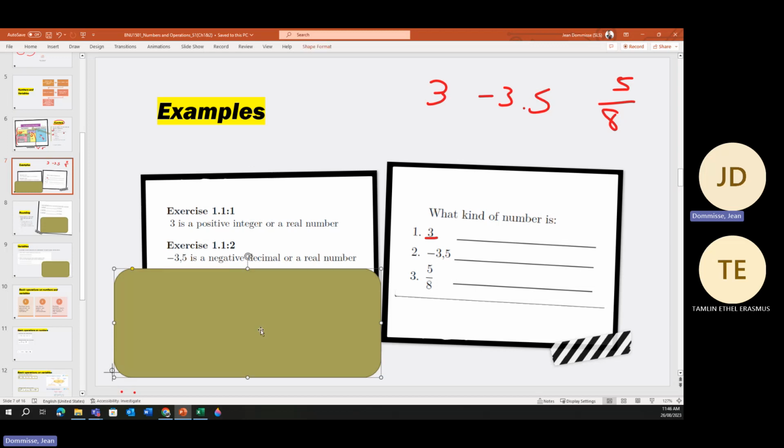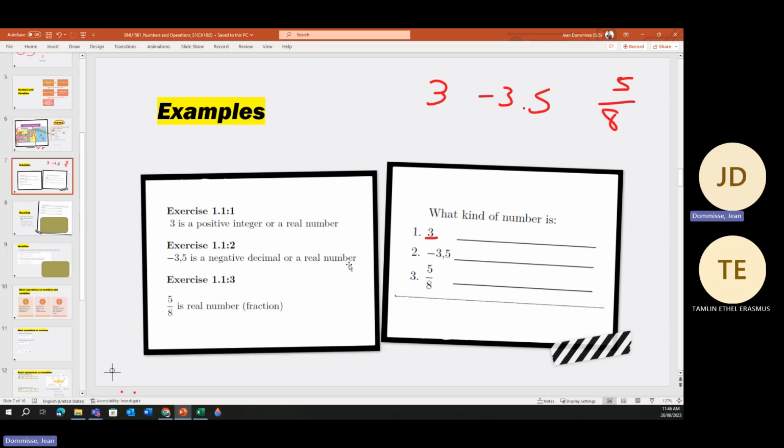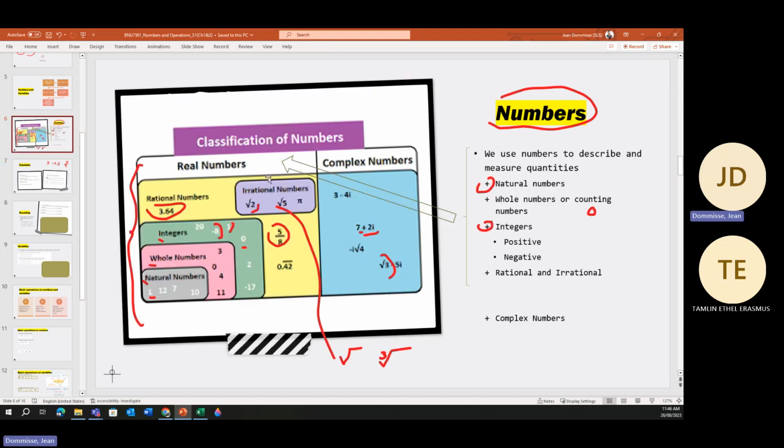And then the last one, the fraction, again, if we look at what it could have been, it is rational or real numbers. So we could have said for the fraction, it's a real number, which is correct. If we needed to say more, it is a rational number as well.